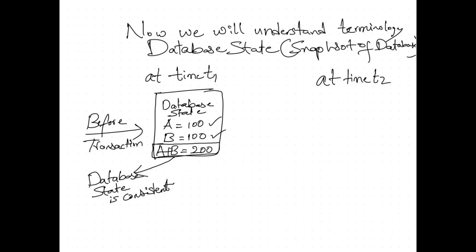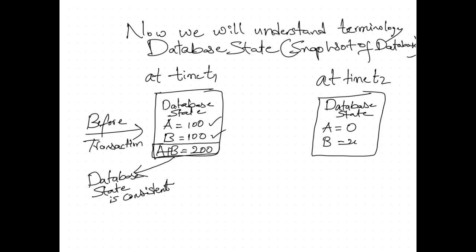Now at time t2, the transaction has executed on the database and the database state has been achieved with the following details: A is equal to 0, B is equal to 200, A plus B is equal to 200. After summing both A plus B values, I am getting 200, so the database state is consistent.